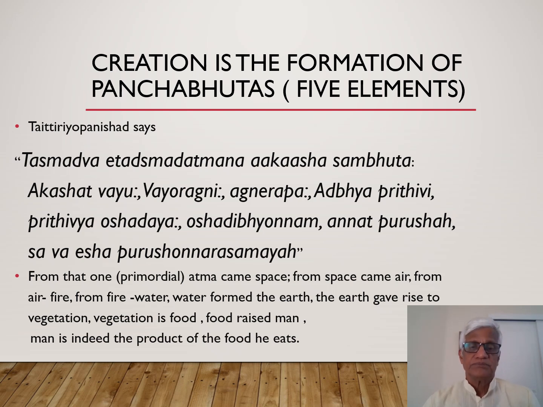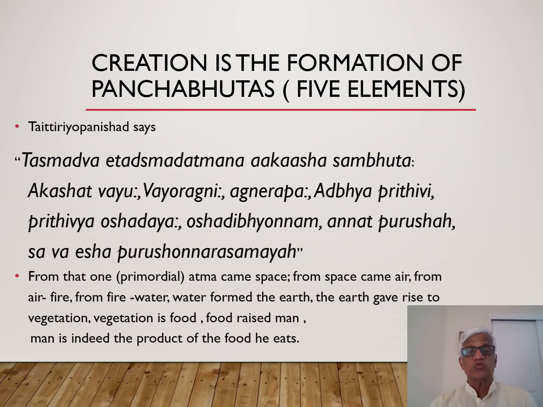This means that the primordial Atma or the Brahman created space. From it came space, and from space came air. From air came fire. From fire came water. Water formed the earth. The earth gave rise to vegetation.